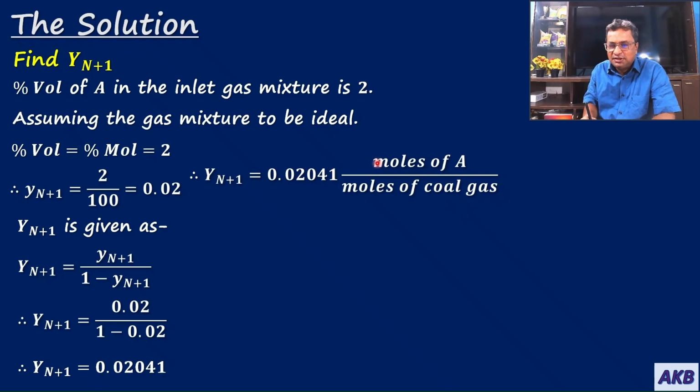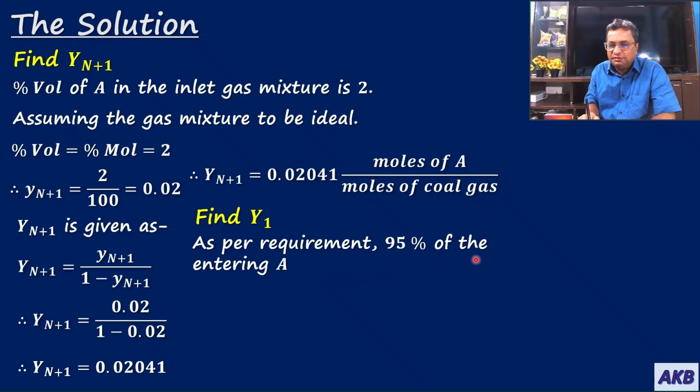And the task is, 95% of moles of E have to be absorbed. So this information will give us capital Y1. So let us find capital Y1. So as per the requirement, 95% of the entering gas entering E is to be removed. So therefore capital Y1, that is E in the outgoing gas, will be just 5% of the entering gas, because 95% will be absorbed.